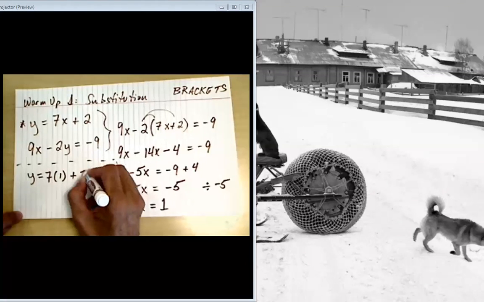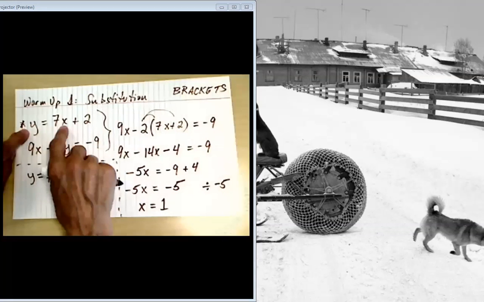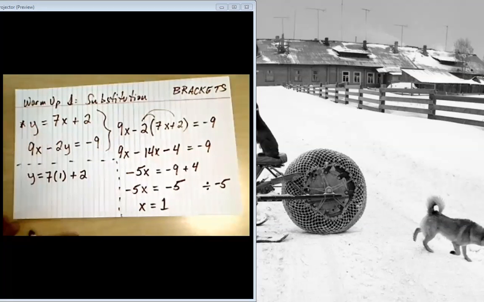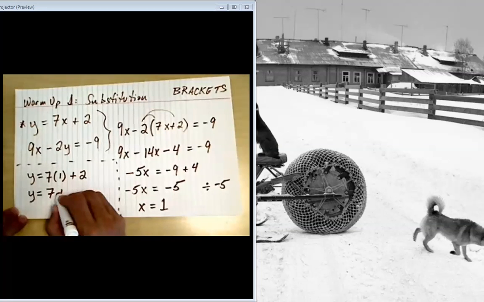Well, we got to figure it out. Use the equation for y, where x is equal to 1. So we put it in there. Now you work this out, and that gives you what y is. What's 7, and then a plus 2?